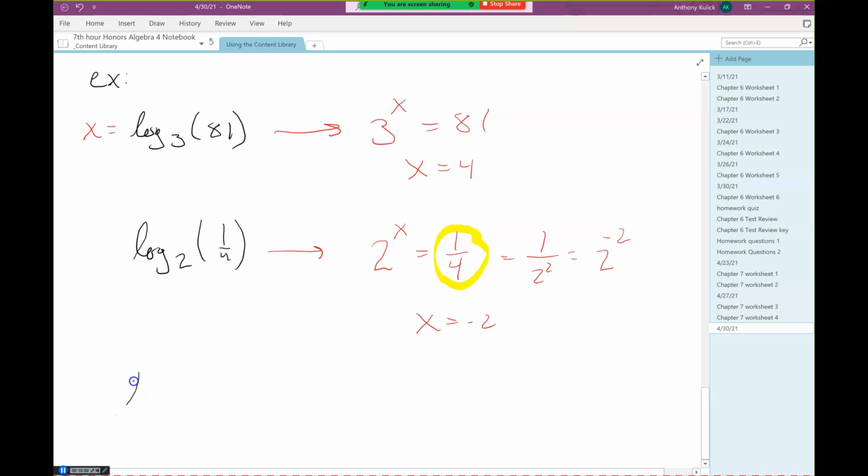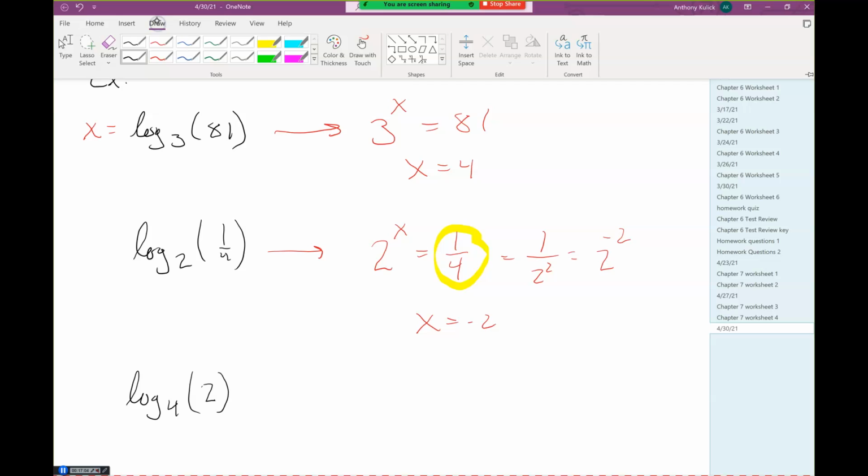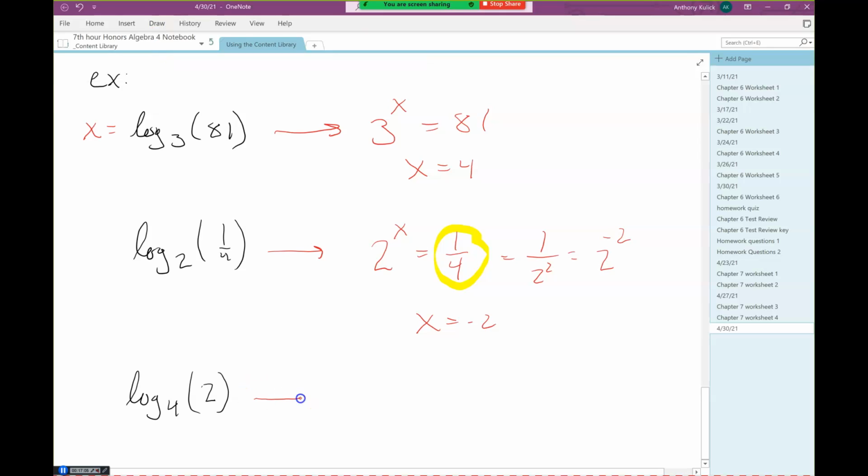What if we did log base 4 of 2? So here, what power of 4 is equal to 2?